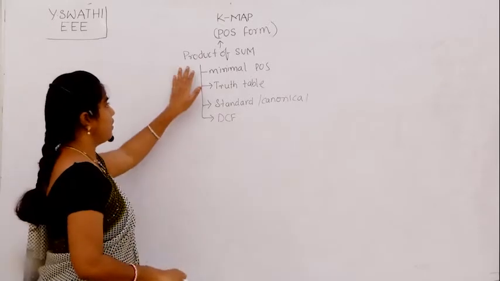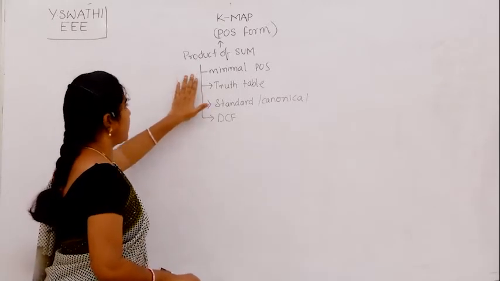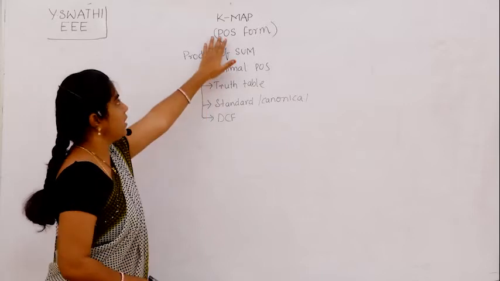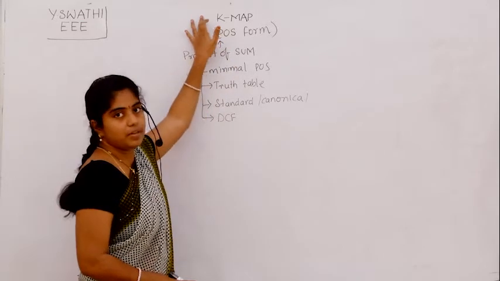So we'll recap all the four combinations of POS and the representation in K-map here.